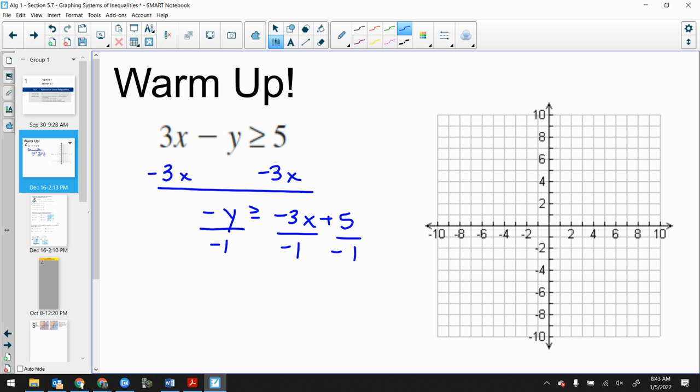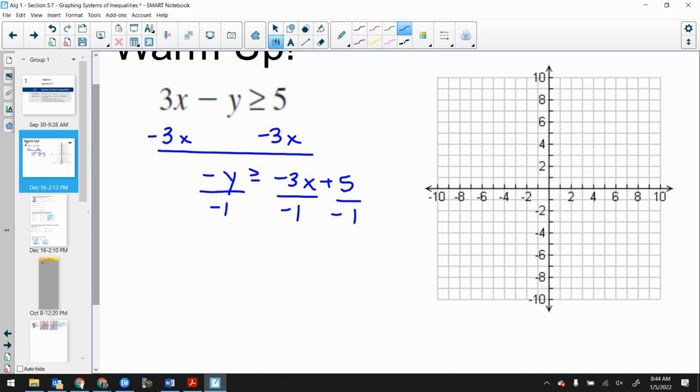He said, wait, we just divided by a negative with an inequality. If you divide by a negative within an inequality, what do you do? You flip the sign. You flip the symbol. So now this becomes a positive y less than or equal to 3x minus 5. Does that make sense?